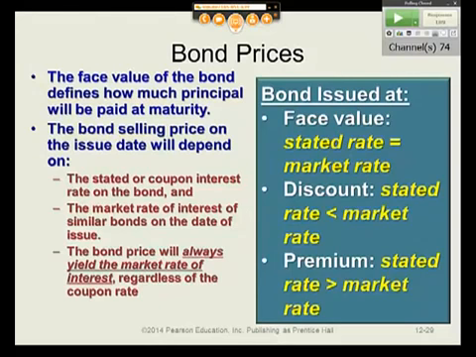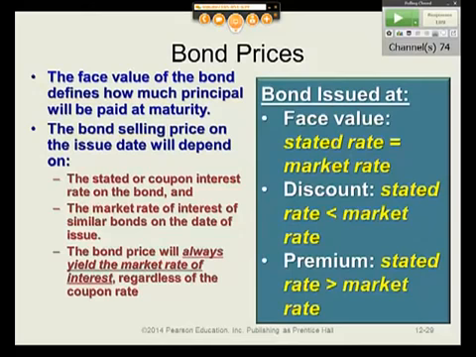Now, if we go back and look at the box on the right, what if the market rate is greater? So I go to market with a bond at 8%, but the market rate is 10.